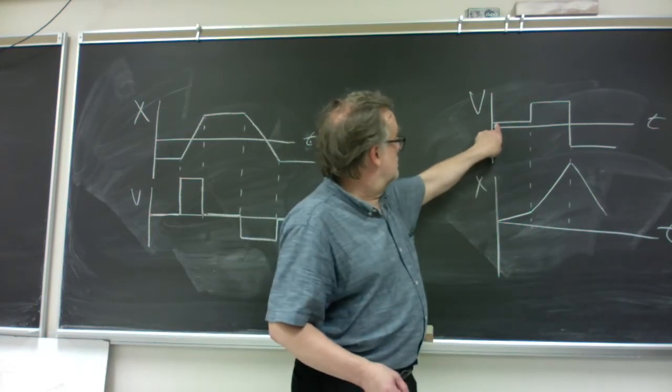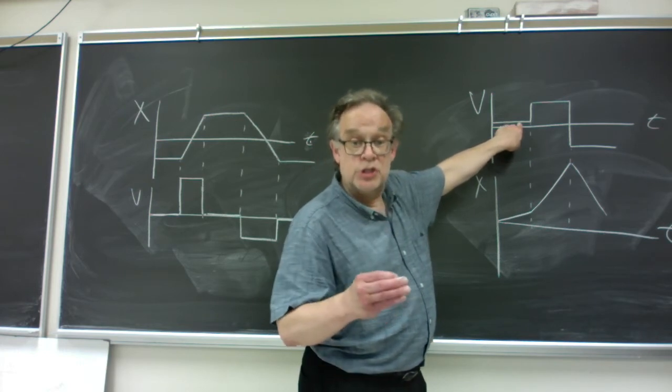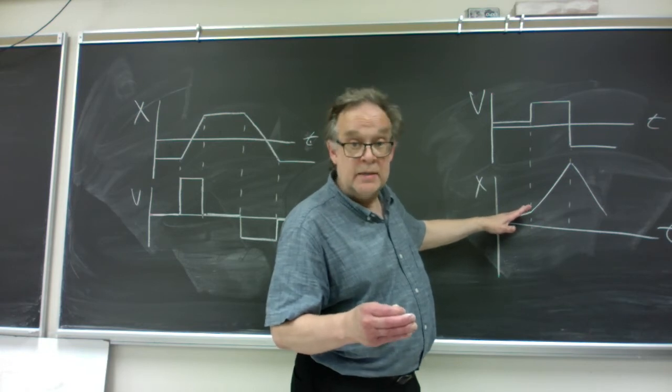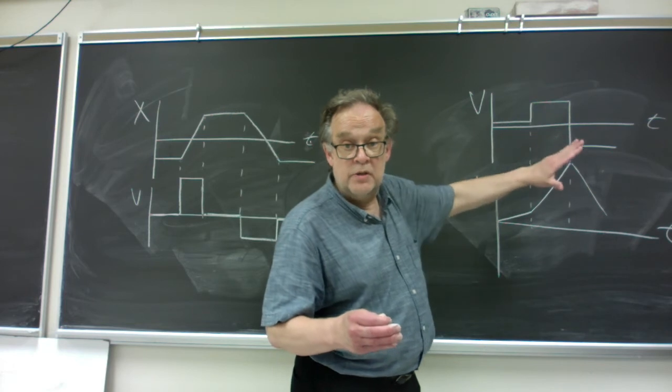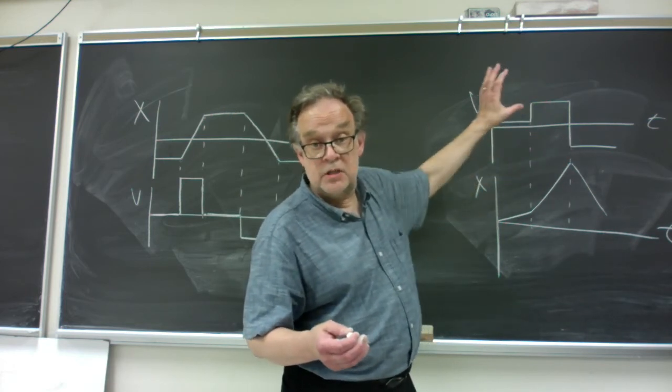So this velocity means a particular slope on this graph. So any position graph that has this slope, then this slope, then this slope will be a position graph that is consistent with this.